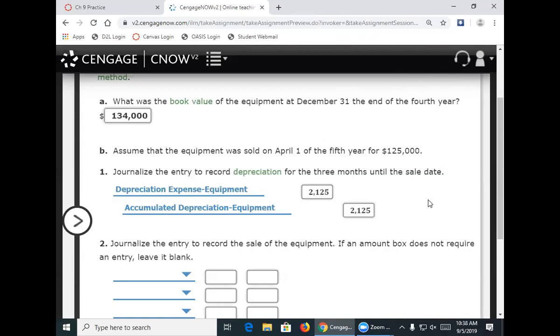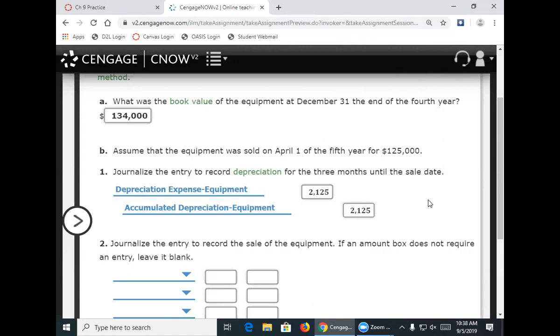Well, if I thought about it, my new book value, I need to subtract out that additional depreciation. What is that? Like $131,875? Okay, so I have a new book value and a new accumulated depreciation.